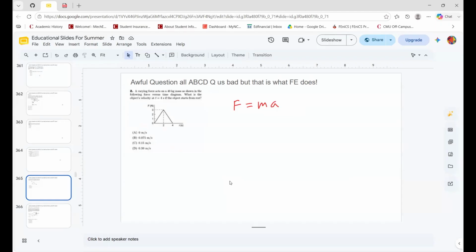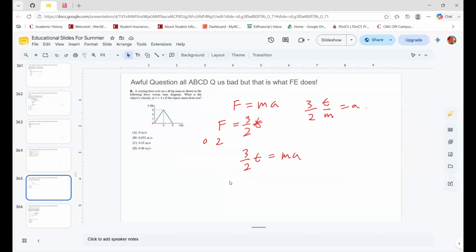The function of F from 0 to 2 equals 3 divided by 2 times t. So 3 divided by 2 t equals ma, right? So acceleration would equal 3 divided by 2 t divided by m, right? And you would integrate that to figure it out.